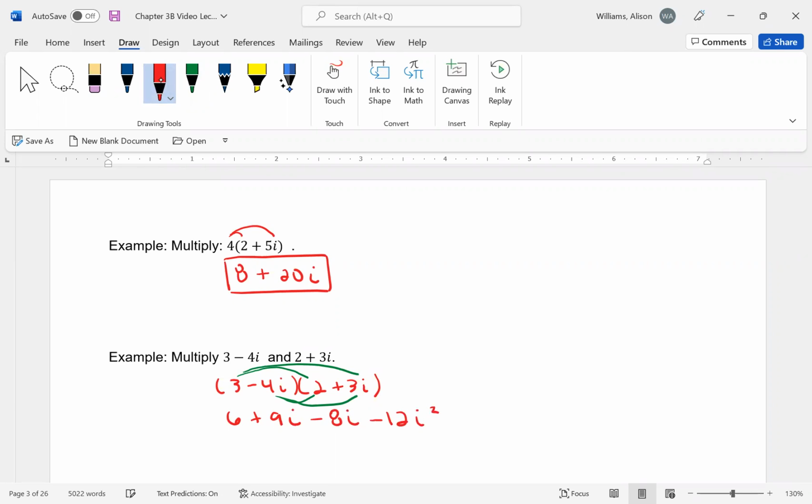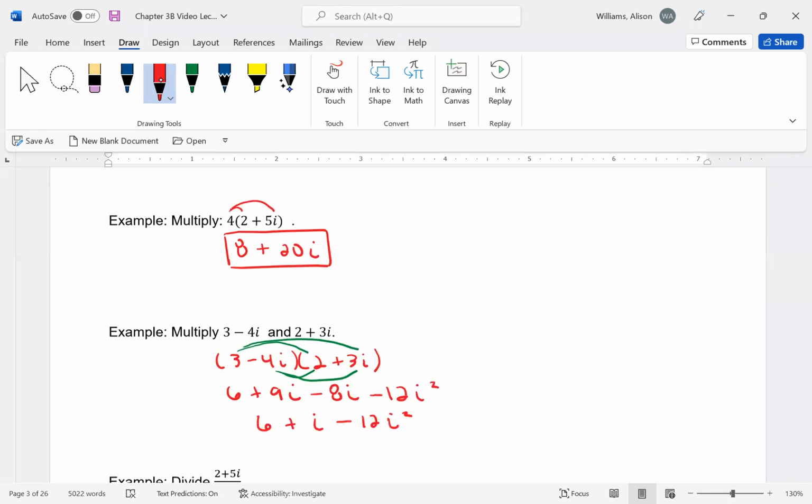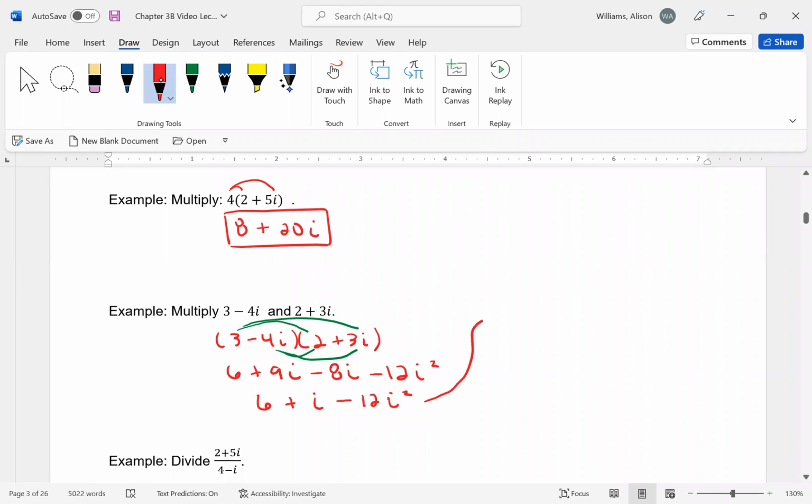Okay, the two middle terms do combine, so that becomes just 1i minus 12i squared. But i squared, we know, is negative 1. So I'm going to write negative 12 times negative 1, which is positive 12, by the way, which I can now combine with the 6 in the front. So that's going to be 18 plus i.